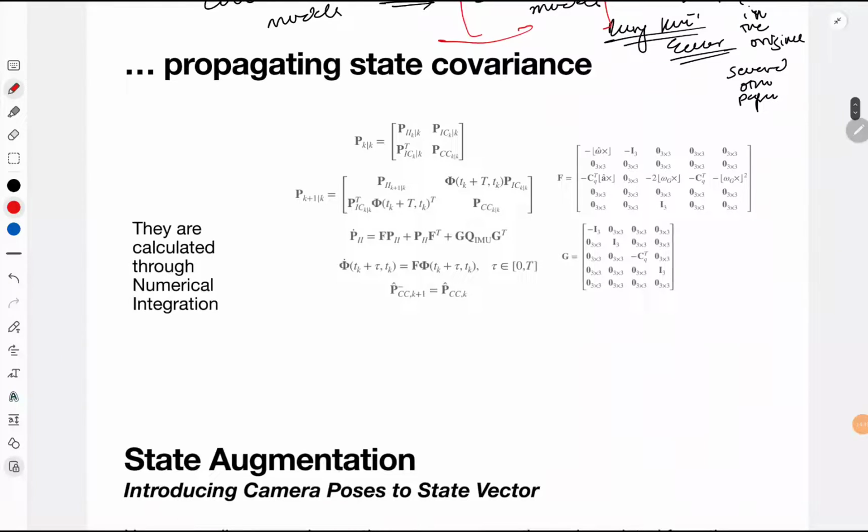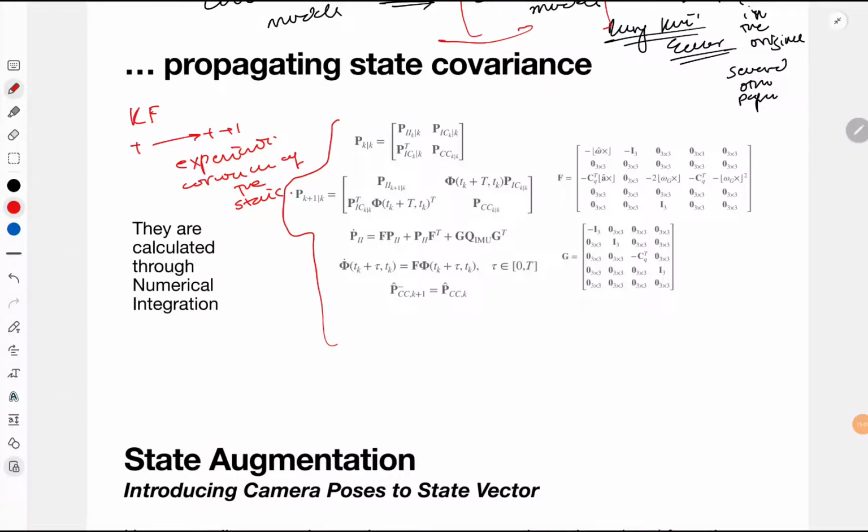The other thing, in addition to expectations, that you propagate in a Kalman filter, from t to t plus 1, you propagate the expectation of the state and the covariance of the state. So this is again figured out through numerical integration. These equations are also available in the paper. So just briefly, this is the covariance of the IMU.